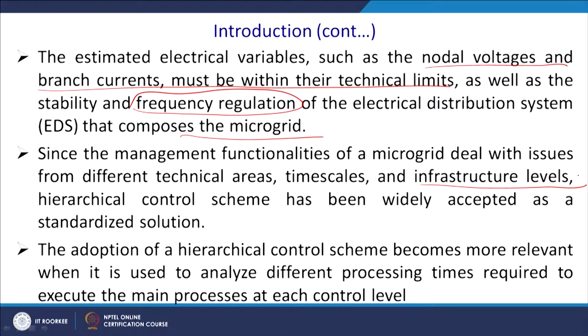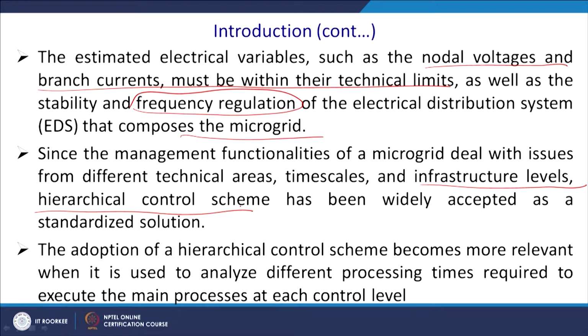If it is a hospital, you have a lot of critical loads, and if it is a mall, then you have a very small amount of critical loads, mostly in lifts, or you may have emergency lights to some extent. So, the infrastructure level also will factor into your control system, and so we require hierarchical control schemes, which have been widely accepted as standardized solutions.